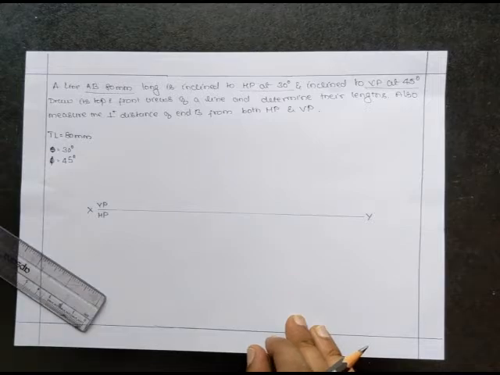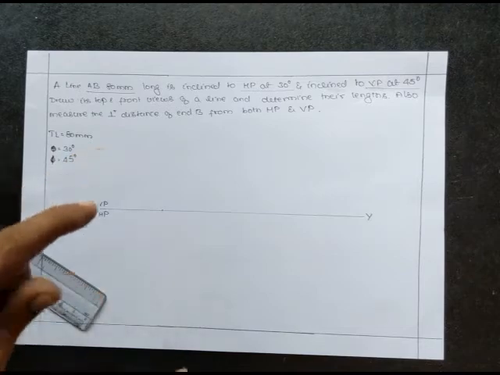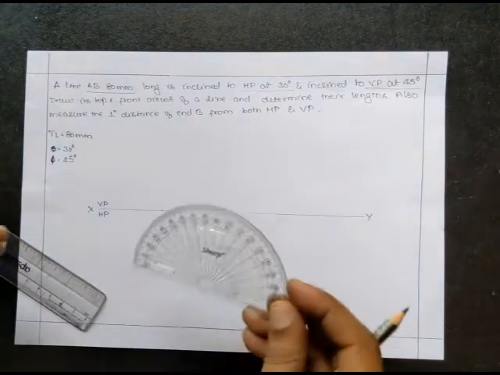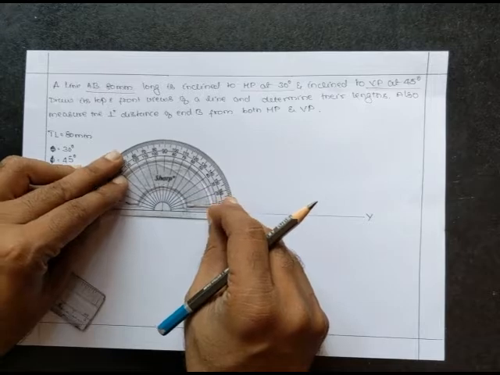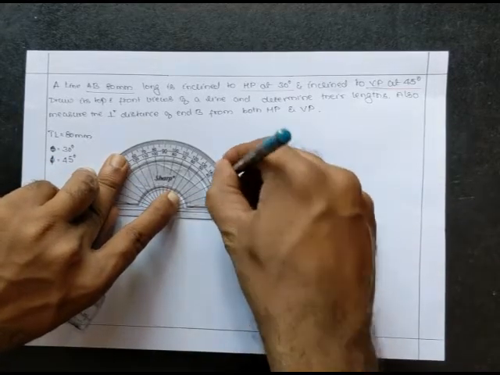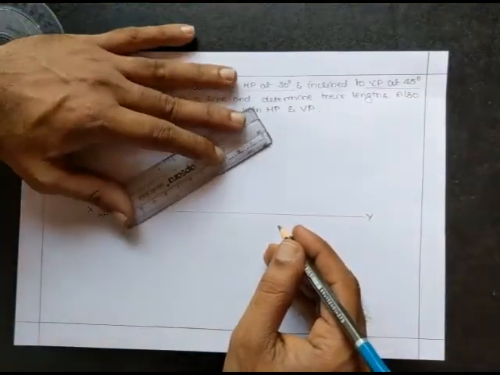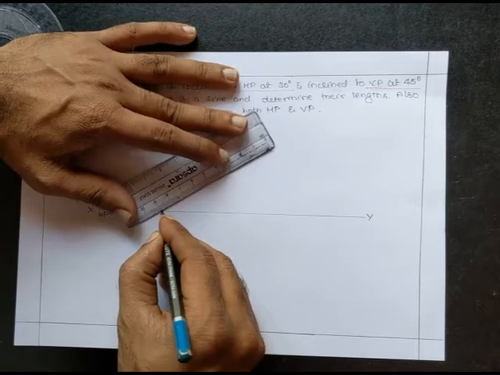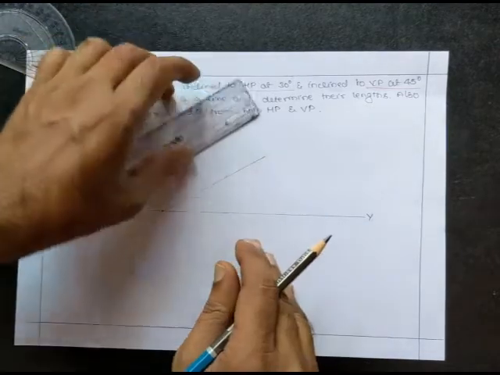Now let us measure the true position of a line from a common point. So the HP inclination that we can see in VP is given as 30 degree. So let me mark that 30 degree first. So here is the 30 degree. The true length is given as 80 millimeter. So better you draw the length of the line at 30 degree first, then you measure the length.